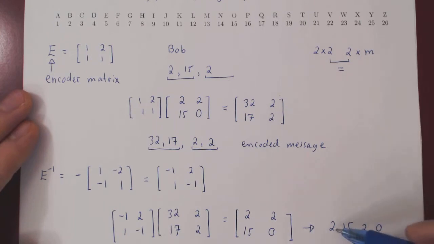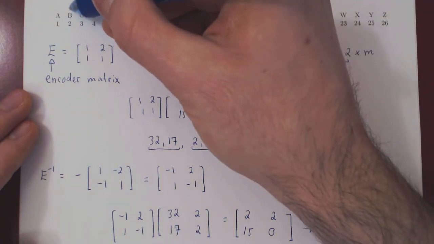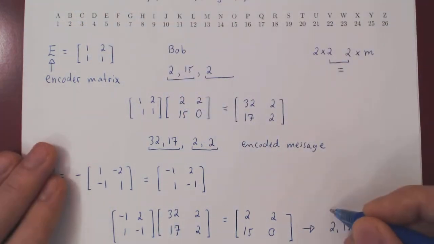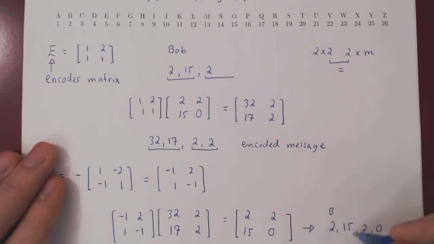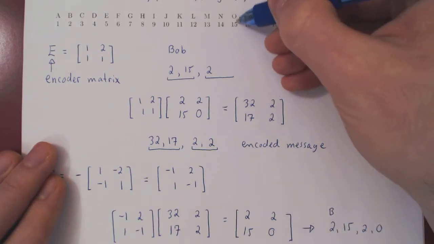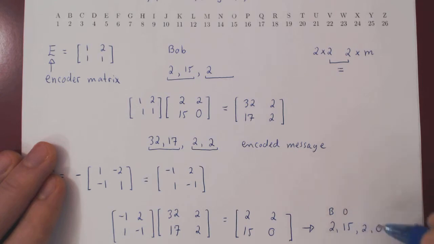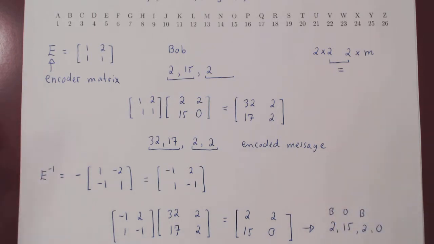So we'd go back and say, well, the number 2 gives the letter B. Number 15 gives the letter O. Number 2 we know gives the letter B, and we know that 0 is for an empty symbol. So all we get is the original message, Bob. And that's it. This is how you encrypt and decrypt messages.